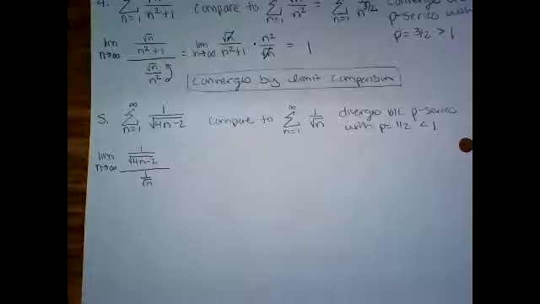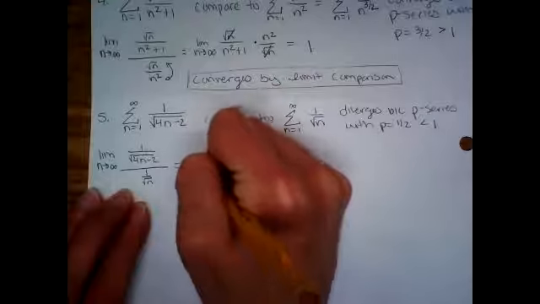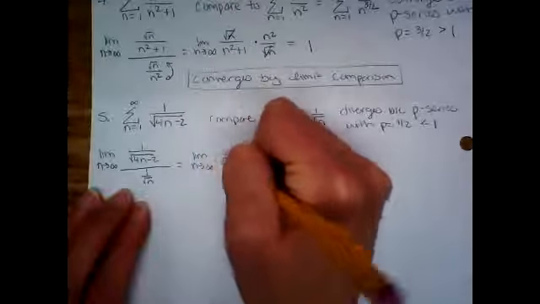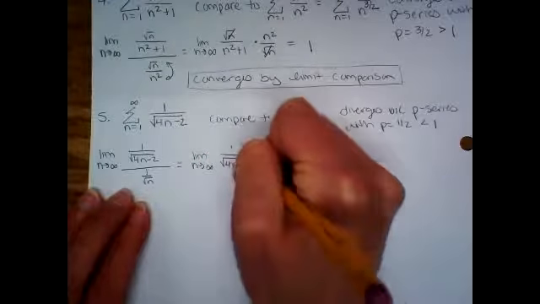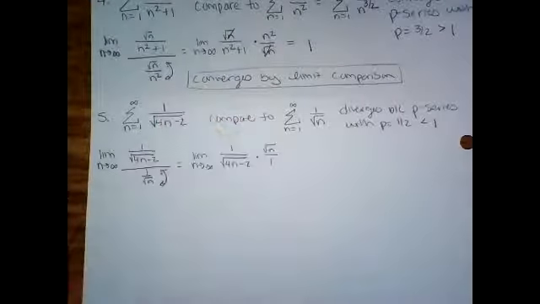But again, it doesn't make a difference. And again, if you can do this part in your head, that's totally cool. I always write it out because I just like to see it. But you're multiplying by the reciprocal. This is getting flipped over.